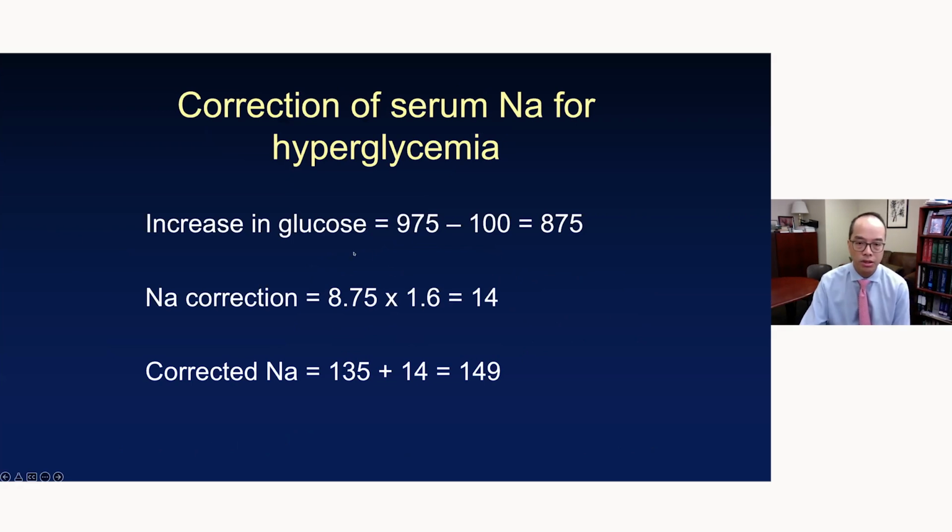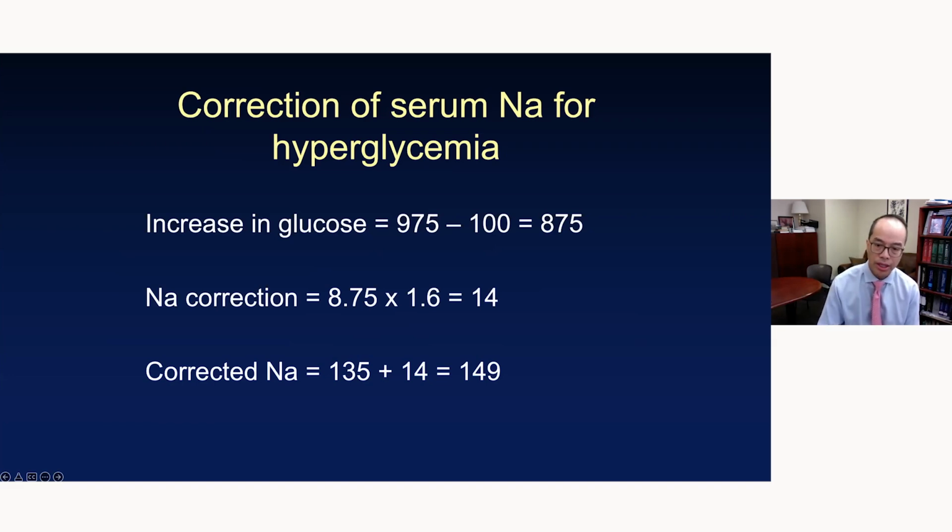Here, the patient's glucose is increased by 875, so we multiply 8.75 by 1.6, add that to the sodium. And now you can see that the patient is actually, after correction, hypernatremic. And the reason the patient's hypernatremic is because glucose causes an osmotic diuresis and loss of free water in the urine.